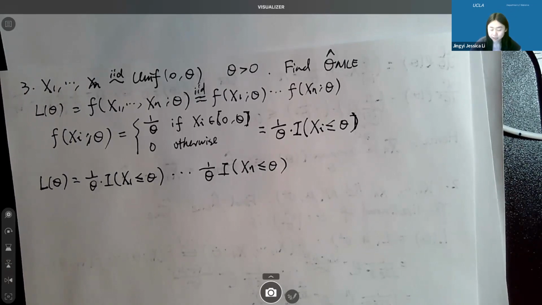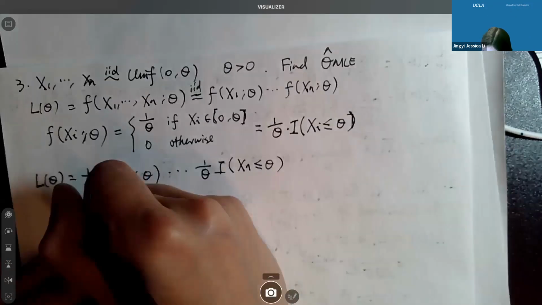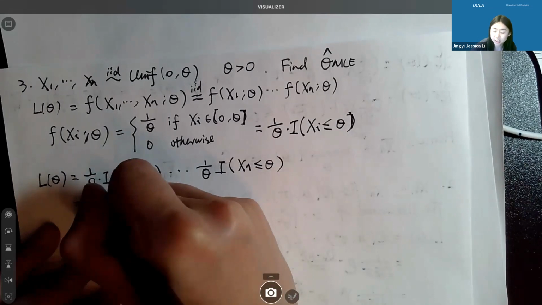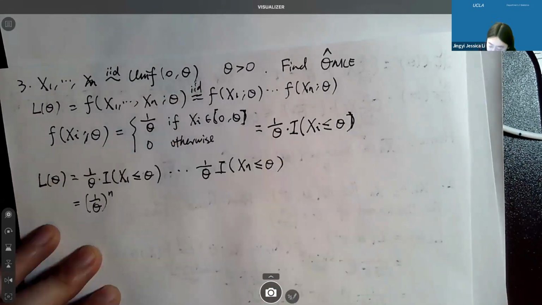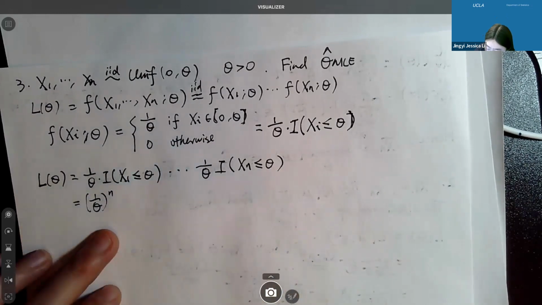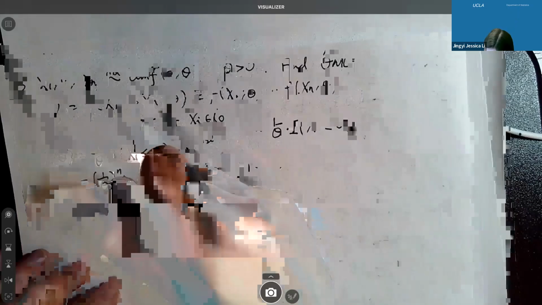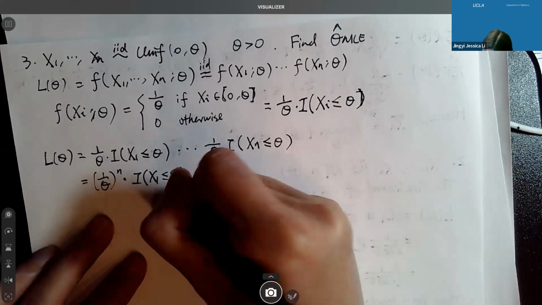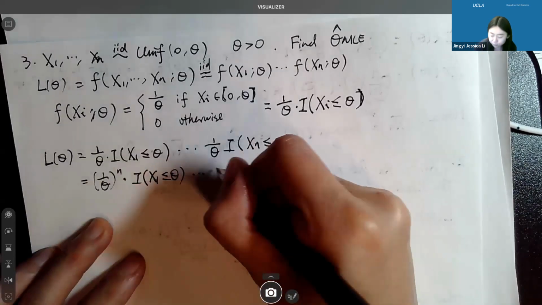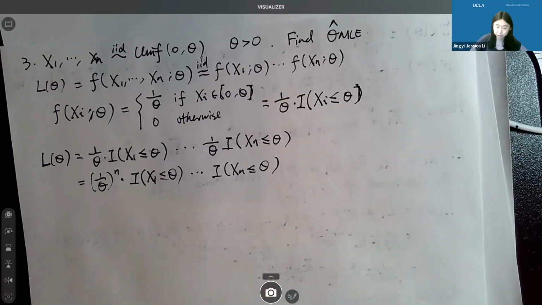So together, combining them, I can put 1 over theta to the power n. And how do I combine the indicator functions? Let me ask you, under what case will all the indicator functions be non-zero? Right, so you see, this is a product of indicator functions. If one indicator function is 0, then the product will be 0.